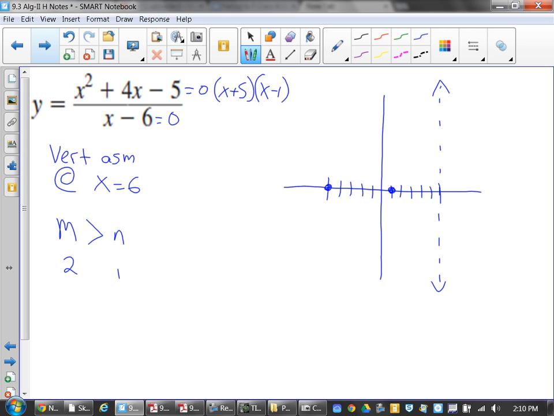No. No horizontal asymptote. Okay? Now what do you think I'm going to do? Put it on the calculator. M and n, remember, m is the degree of the numerator. N is the degree of the denominator.